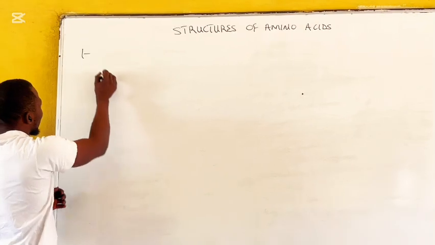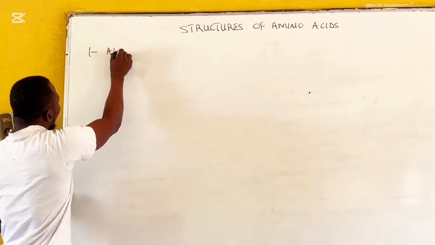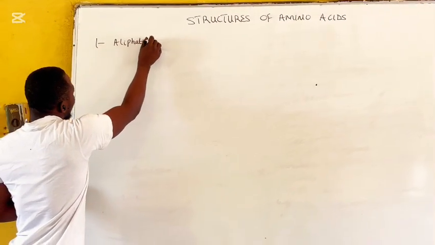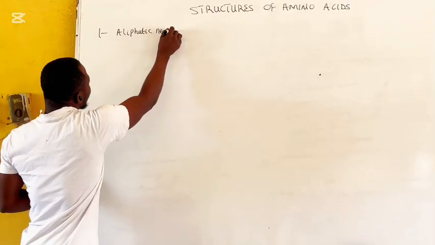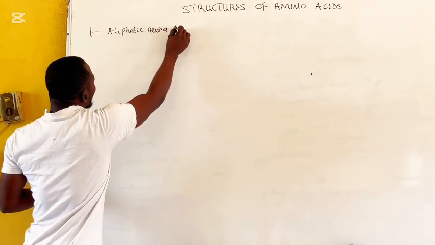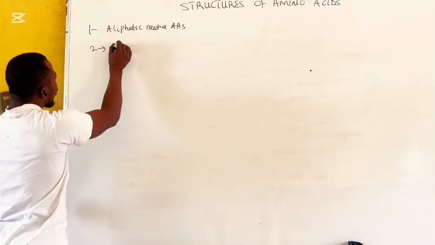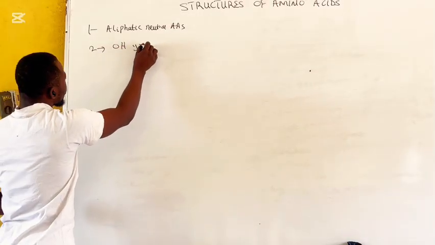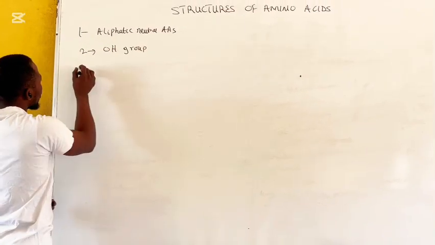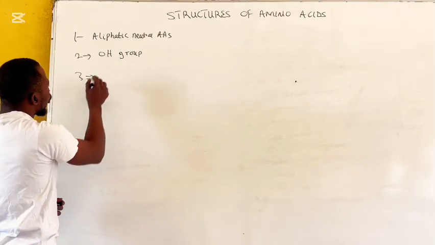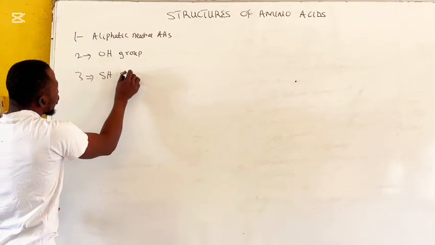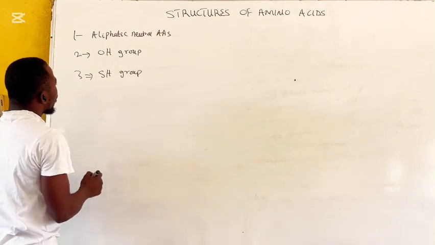One, there are aliphatic neutral amino acids. Two, there are amino acids that contain an OH group. Three, there are amino acids that contain an SH group.